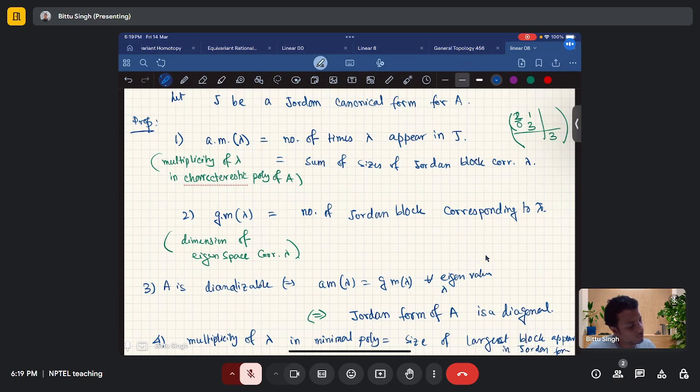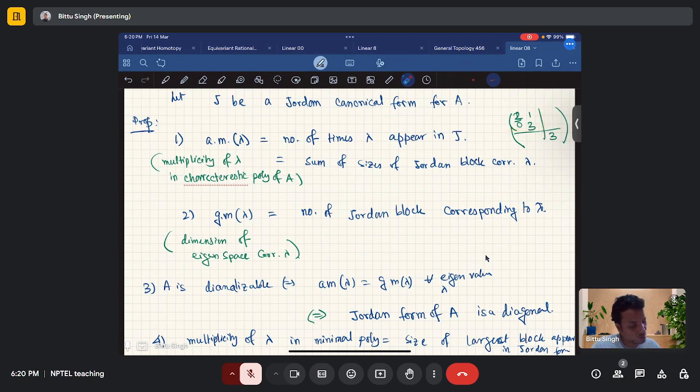So, for example, if we take this Jordan canonical form, then the minimal polynomial for this will look like x minus 3 whole square, because the largest Jordan block is actually a 2 by 2 block corresponding to 3.